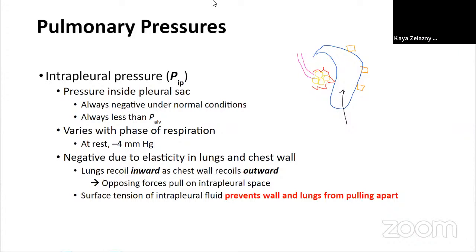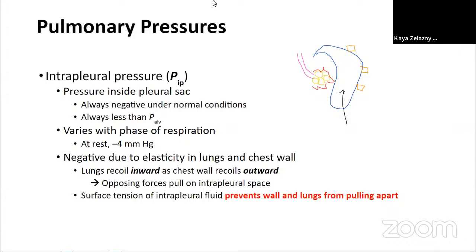We want it to pull on the lung tissue because we want the lungs, the tissue of the lungs, to travel with the rib cage, to travel with the wall of the thorax. We don't want to push the lungs away from the walls of the thorax because then we're not using all our space and we're going to end up with a collapsed lung. So we want a negative pressure in this space so that we basically stick the lungs to the thoracic wall.